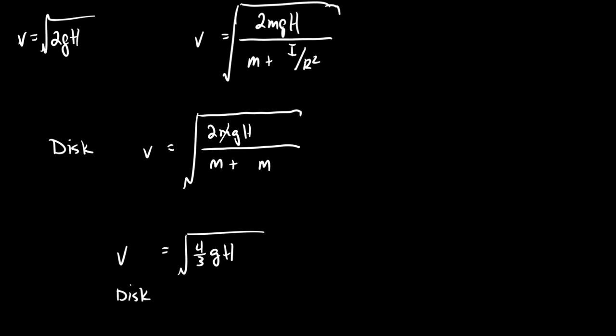I get m plus m. This time, the m's cancel and the 2's cancel. I get v for a ring. It's just going to be the square root of gh. So even slower, right? The ring is slower. It's harder to turn.